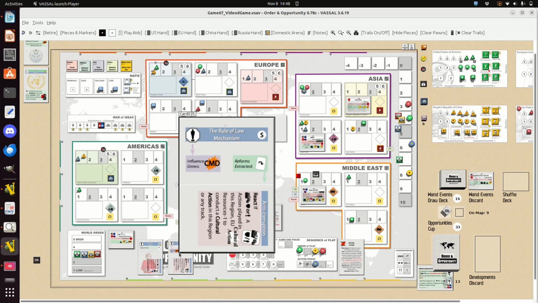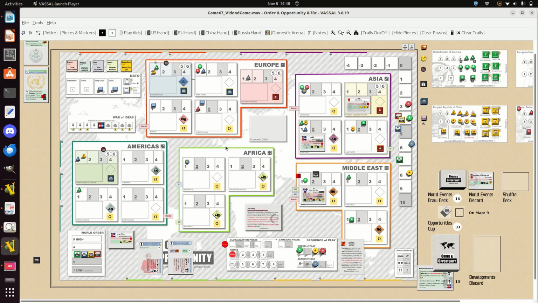So this is a momentum effect that means if the EU uses this card to take control in a space, then they will immediately earn the right to play a second command during their turn. And the EU will take advantage of this.